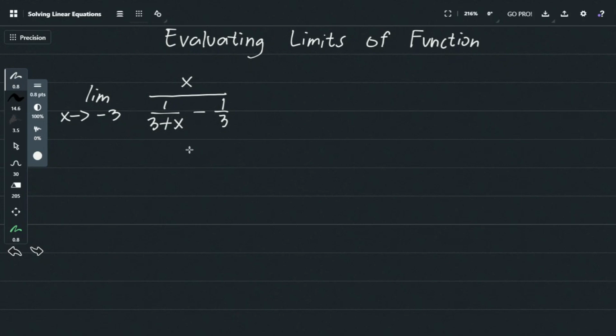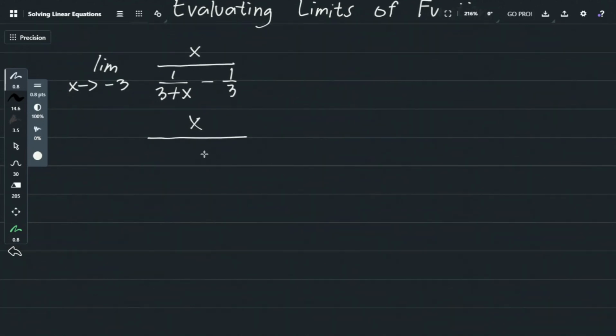So we have x all over 1 over 3 plus x minus 1/3. So we're just going to simplify the denominator by finding the LCD. So the LCD is just 3 plus x multiplied by 3.